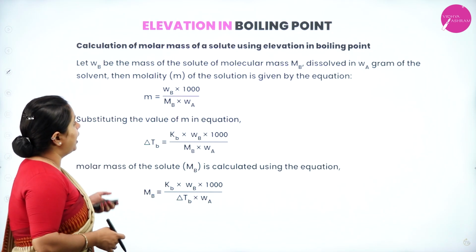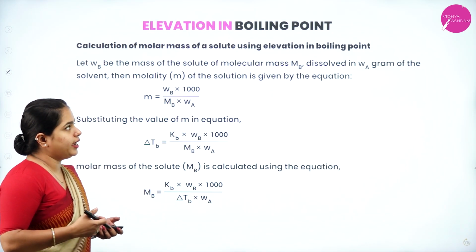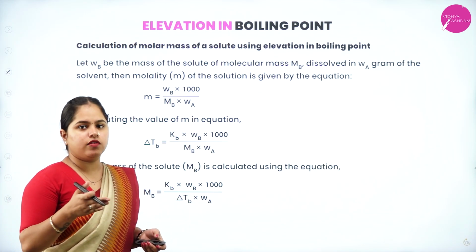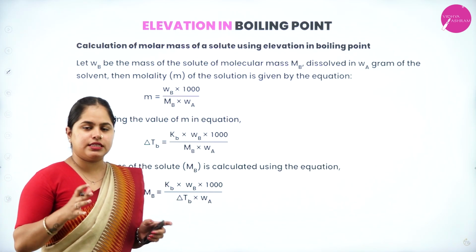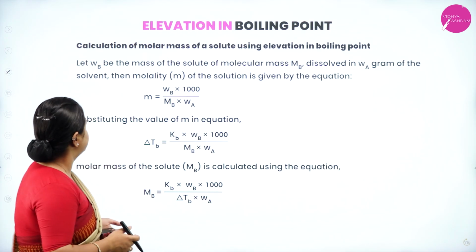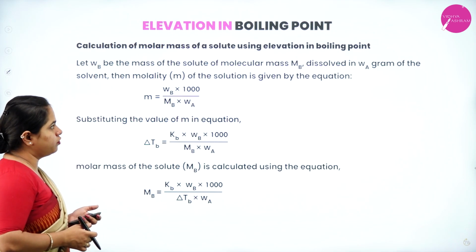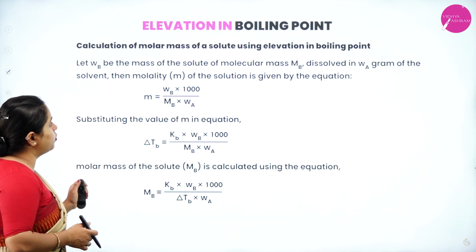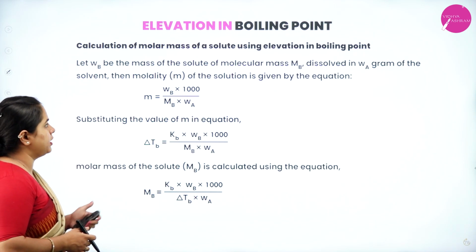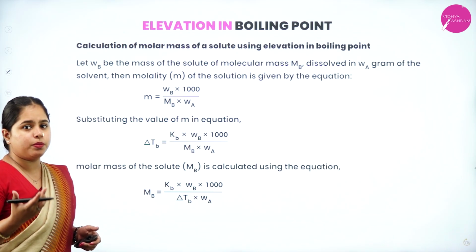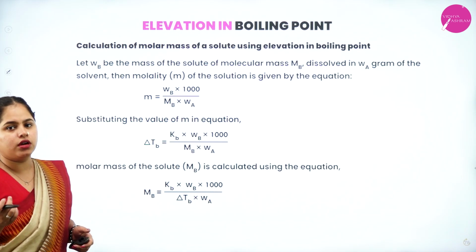Now moving on to the calculation of molar mass of the solute using elevation in boiling point. Likewise, we did this with relative lowering of vapor pressure, which is related to vapor pressure. Now we are relating it to boiling points. Let Wb be the mass of the solute of molecular mass Mb dissolved in Wa grams of the solvent. Then the molality of the solution is given by the equation. We already know molality is the number of moles of solute present in 1 kilogram of the solvent.